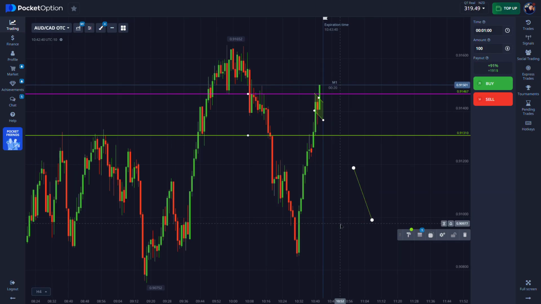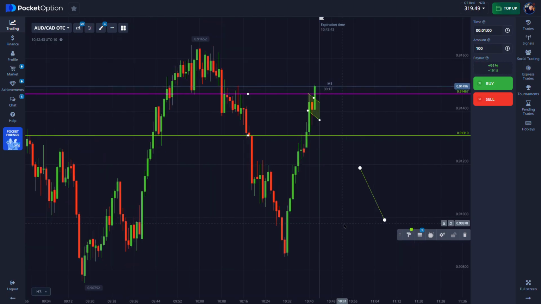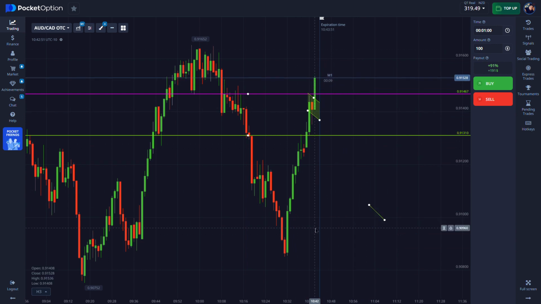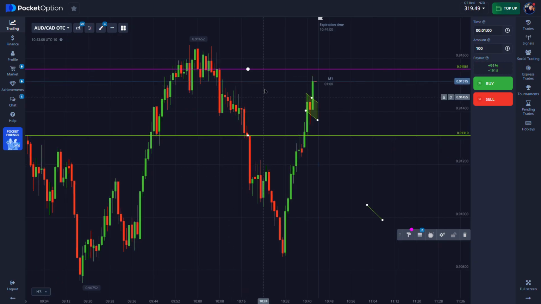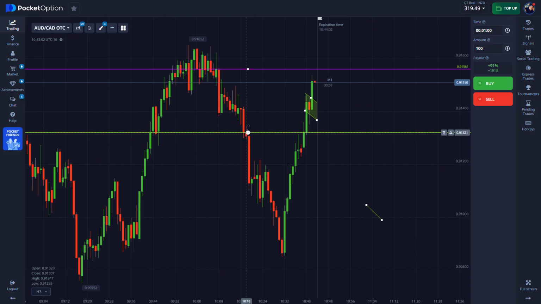I mean, you know, these are the rules: you don't want to buy when it's so high up. You want to look for discounts. Tugging in that area, so there's a good supply.